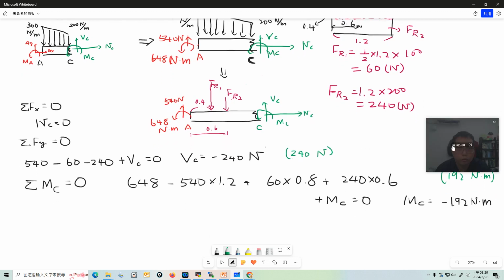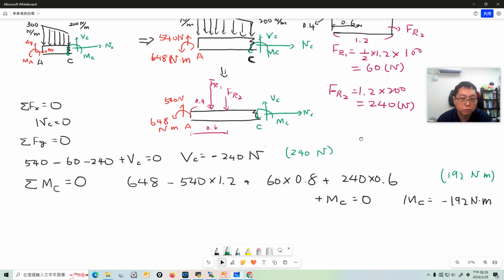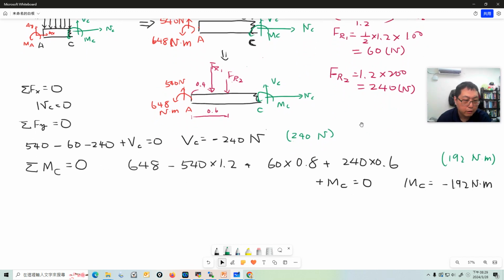So left hand side and right hand side must have reverse signs. I can show this picture for you. If I cut here and cut here, your material is cut here.